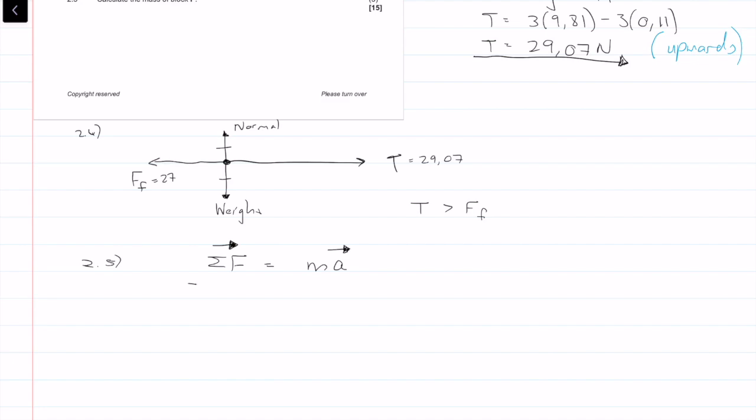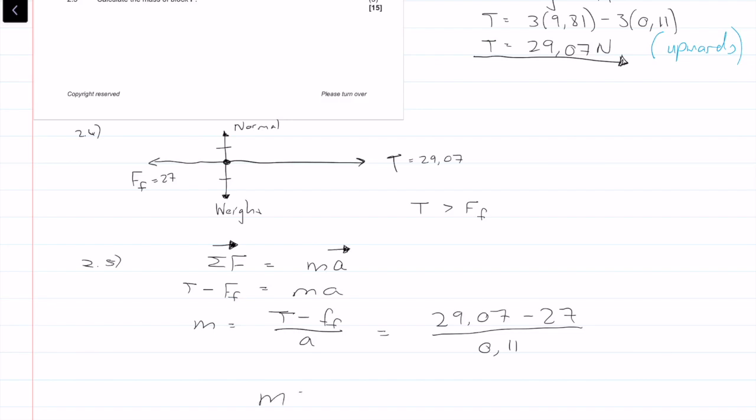Okay, so now we want to solve for the mass. Okay, so my tension minus my force of friction is equal to my mass times my acceleration. So my mass is equal to tension minus my force of friction over my acceleration. So tension was 29.07 minus 27 all over my acceleration, which was 0.11.